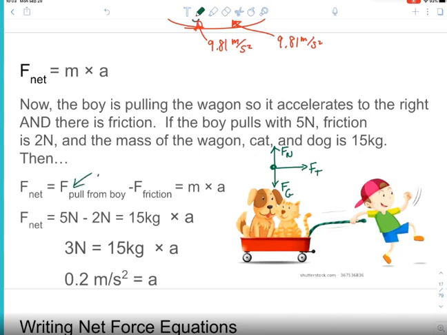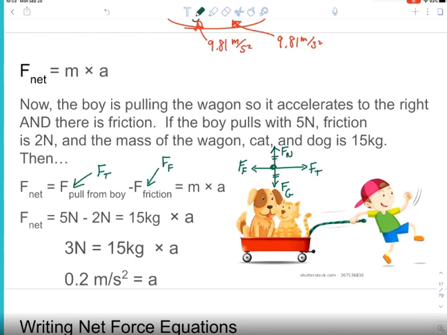So this is Ft. And then our friction is Ff. And it's smaller. And then I'm going to make sure that my normal and gravitational forces are the same.